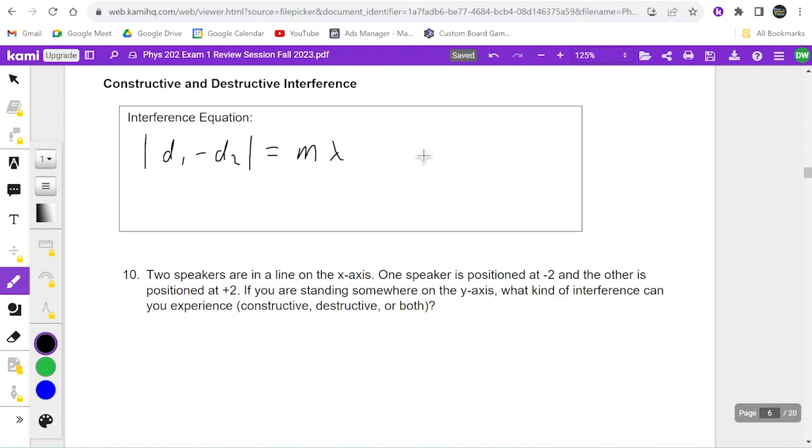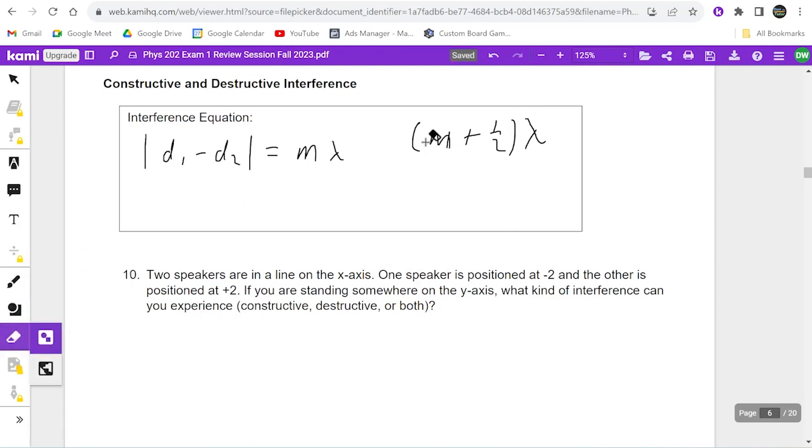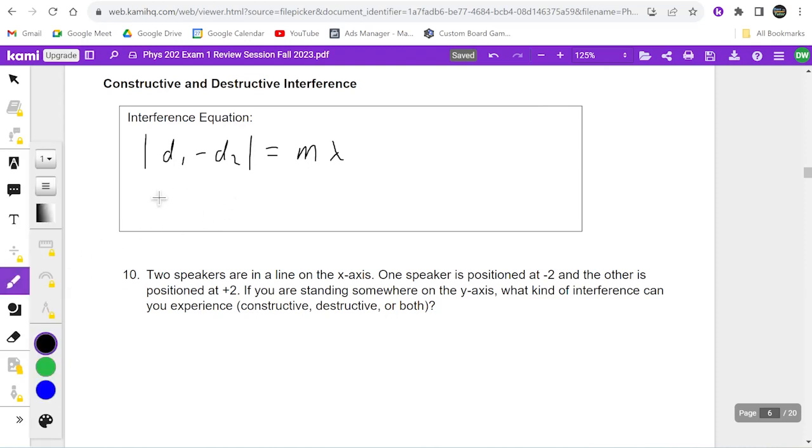Your textbook will do something different, by the way. Your textbook will give you this equation for constructive, and for destructive, they'll give you m plus 1/2 lambda. Don't write that down because I'm not going to do that. I don't like doing it that way. I think it's confusing. So what I do instead is I say for constructive interference, m is going to be all the whole numbers, 0, 1, 2, 3, and so on.